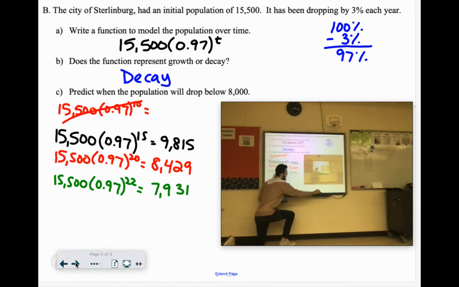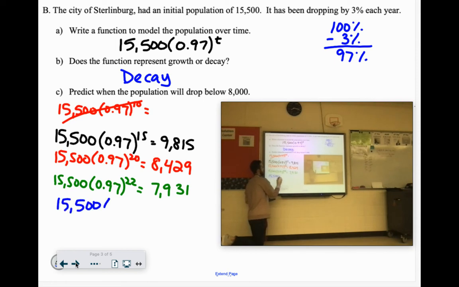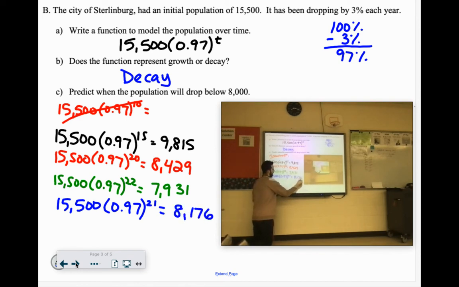I'm just going to double check because I skipped a year. So let me check to see if it happens during the year 21. Just to be sure, 0.97 to the 21st power times 15,500. So it's still over 8,000. So it's 8,176 people.